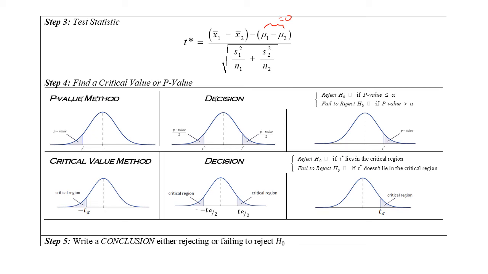If the p-value is greater than alpha, we fail to reject. And then we'll determine our conclusion, which is usually going to follow from whatever mu1 and mu2 represent. We'll determine whether or not they're equal and whether or not we have evidence to support the alternative claim.